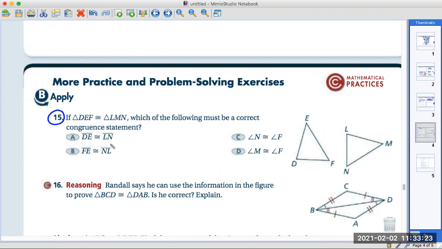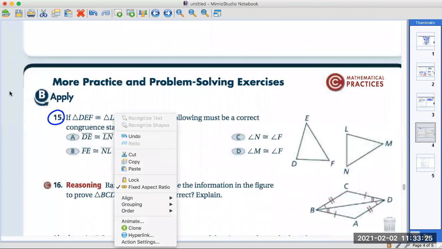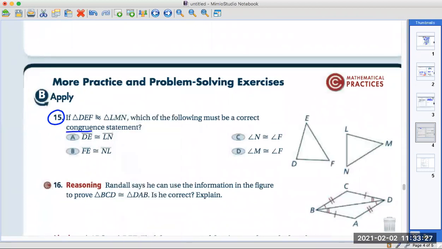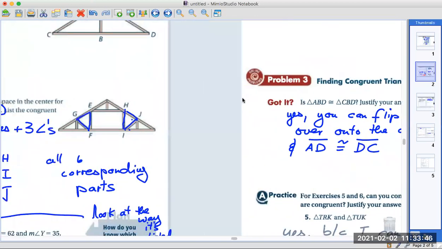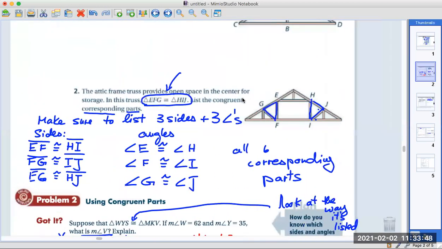Okay. By the way, these are also called congruency statements. This is called a congruency statement. I should have said that earlier because it comes up a lot. So I'm going to go back to one of the earlier ones, and I'll write that above here.